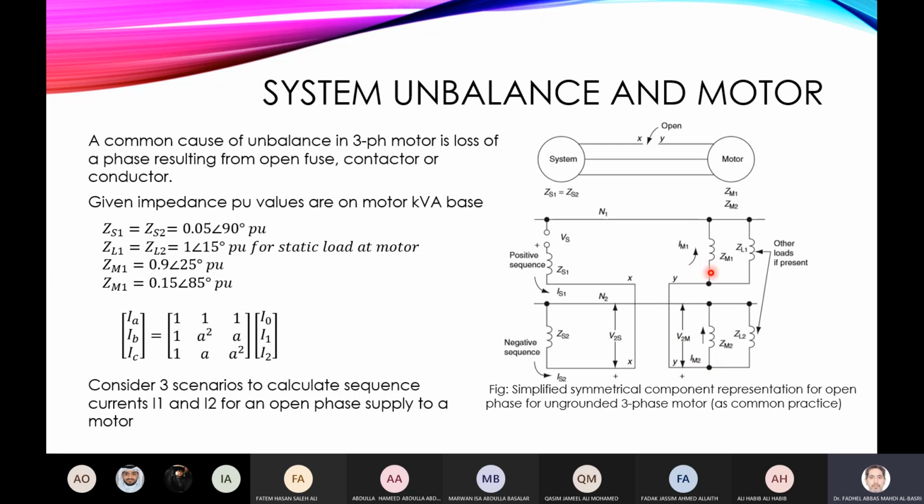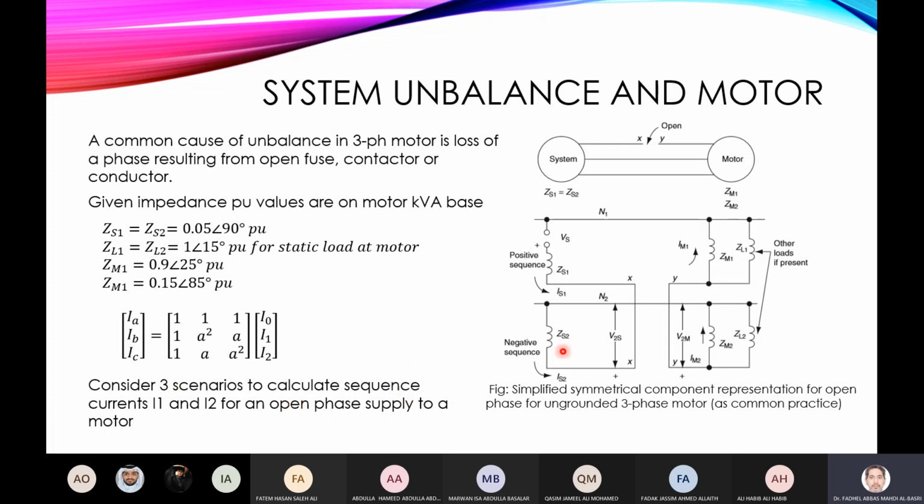I want to find the positive sequence current and the negative sequence current of the motor, and the positive and negative sequence voltages at the motor. We then use the transformation. I don't have zero sequence current in this situation, so with only positive and negative sequence currents I can find the phase A, phase B, phase C currents.